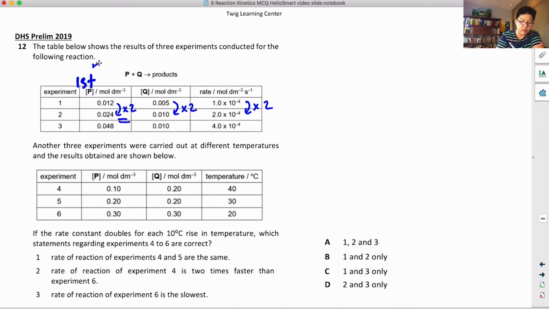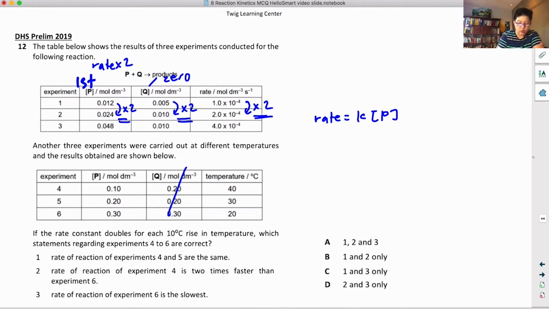Since it's first order with respect to P, the rate will already double from that. Since the overall rate already doubled, it means that doubling the concentration of Q didn't affect the rate, so it must be zero order with respect to Q. So the rate equation is rate = k[P]. We don't have to bother about Q anymore, because it doesn't affect the rate. We just have to look at P and the temperature.